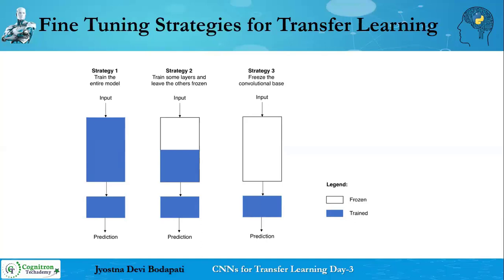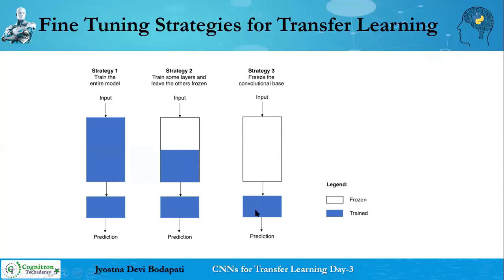While applying fine-tuning, you can go for 3 different strategies. Here you can see the clear lines, the hollow boxes, indicate they are frozen. Maybe over a point of time you'll be able to understand what this terminology is, but try to catch as much as possible.